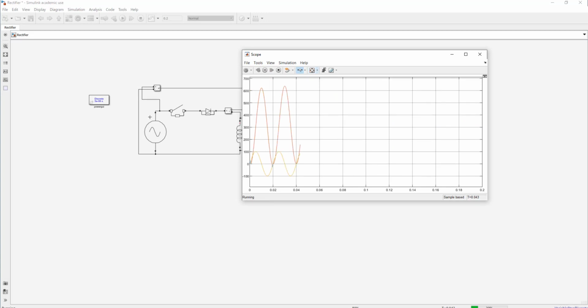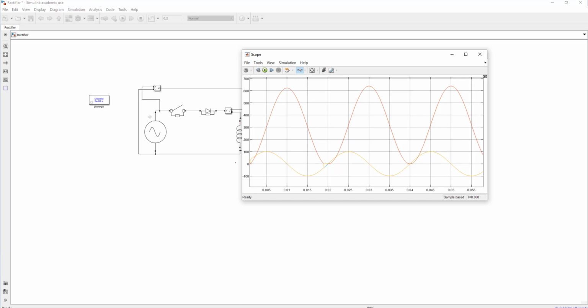See how the current is changing. Whatever we were seeing theoretically, the same thing is happening here. This is the input voltage, and this is the output current.